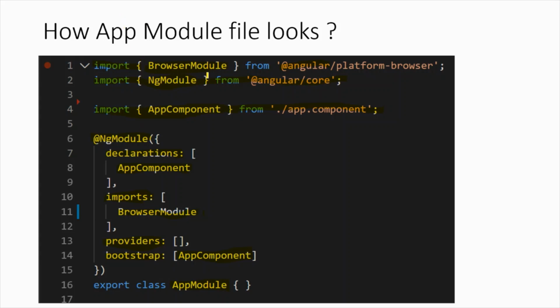Suppose I want to convert this app module, or any regular class, to an Angular module, we will add this NgModule decorator, which we first need to import from the Angular core library. So this is all about the app.module file.